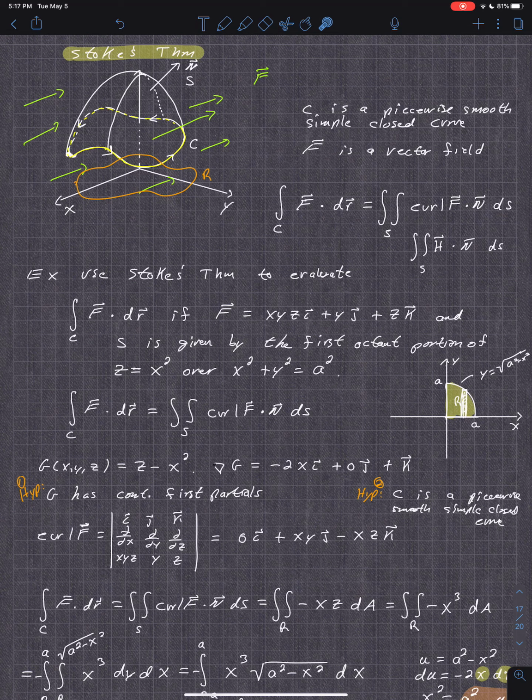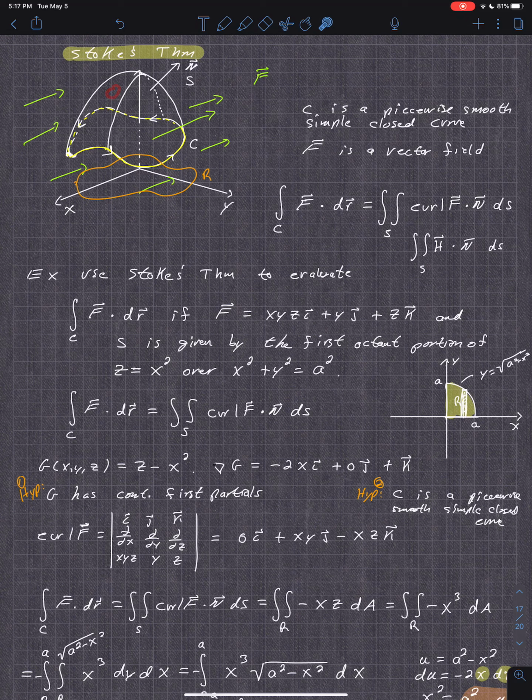And we'll have to look at an evaluation formula for that, but you do the curl of F, dot it with these n. So you can either evaluate this or evaluate this one. And there's a lot more to that and how to prove that, but that's what it's looking at.